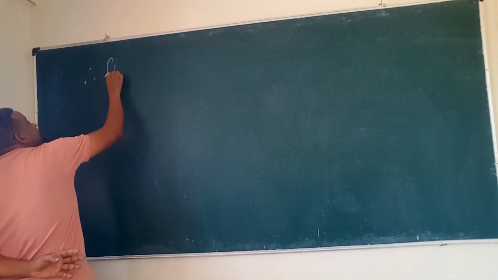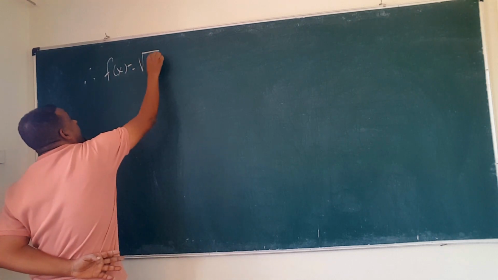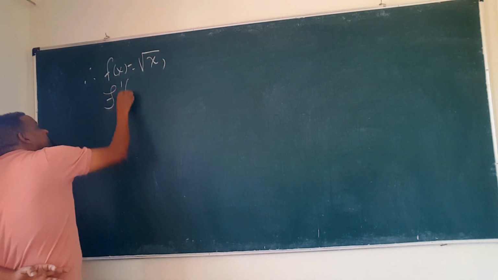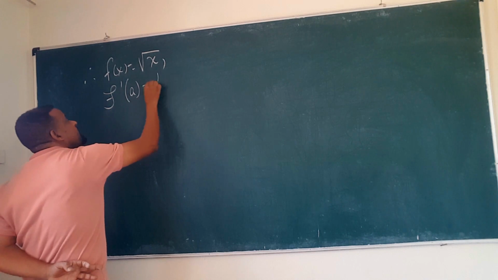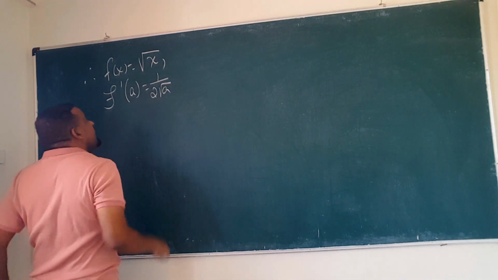Therefore f of x is equal to radical x. So its derivative at a is 1 over 2 radical a.